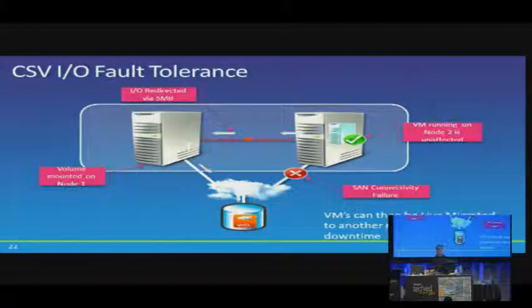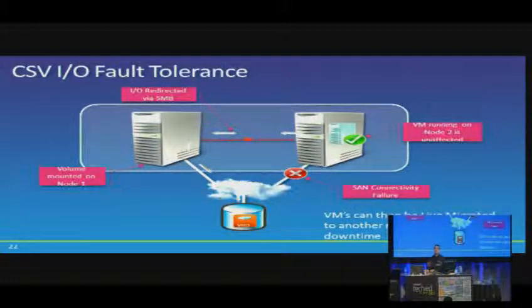Now, I wouldn't have as fast of access as if it was directly accessing the LUN, but I'm able to keep that machine up. Then I notice that, hey, I'm having trouble accessing the storage, I can live migrate the VM off to the other box, bring this guy down, fix it, bring him back up, and move the VM back without any downtime to the VM, even though I've lost a whole path connection to the LUN itself. So we gain this extra layer of availability.